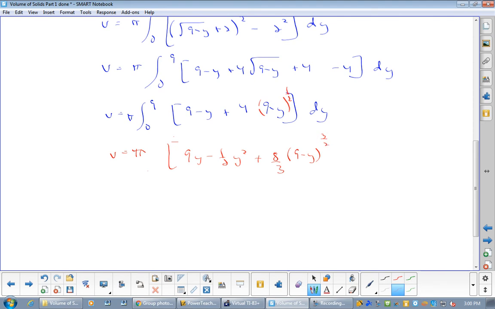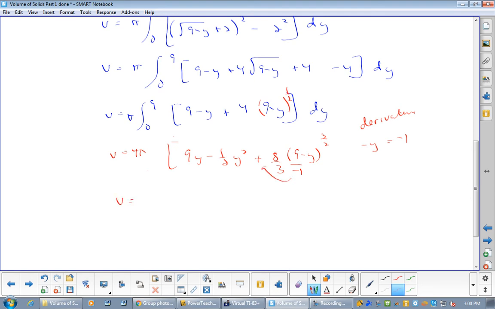And we've got to divide by the derivative of the inside. So derivative of negative y would be -1, and 9 would be nothing. So that gets all divided by -1, which is going to turn that into a negative.